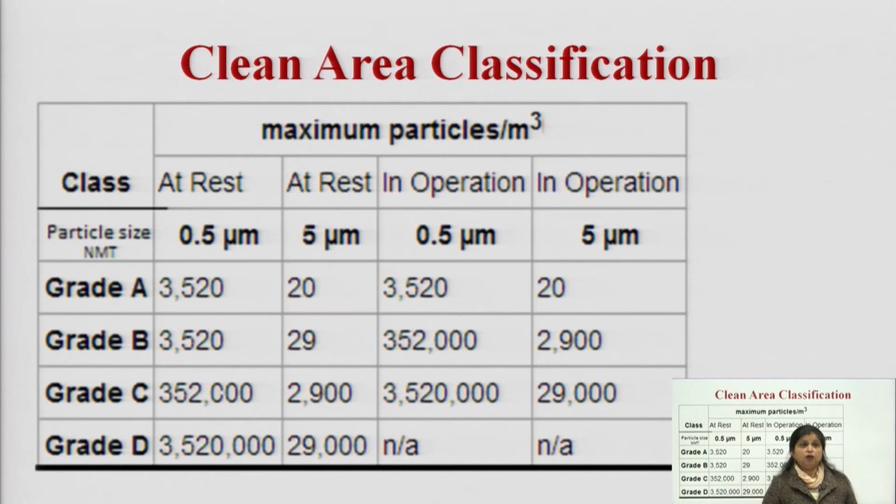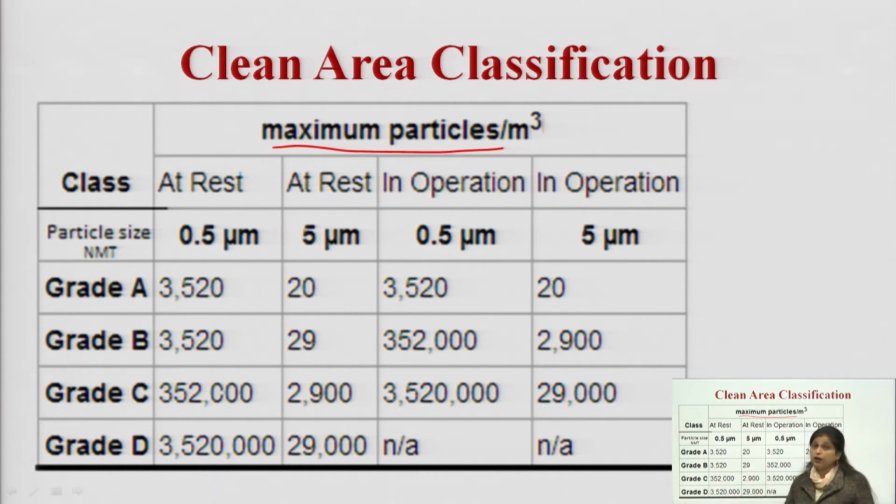But if you go through this table, it is mainly based on the maximum number of dust particles which can be there within a specified area, which are allowed according to the regulatory bodies. If the particle number increases, then that area also changes its classification.